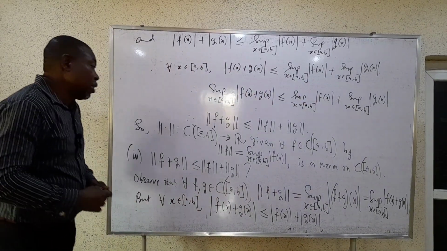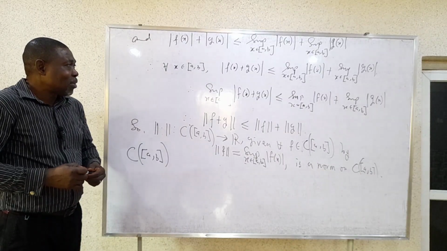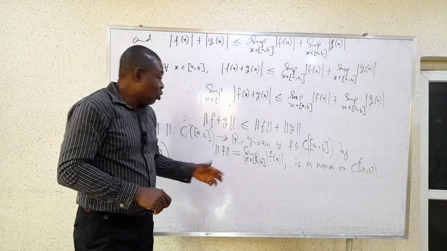So that the pair C[a,b] together with that is a normed space.